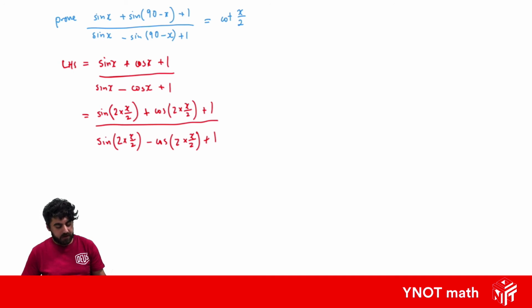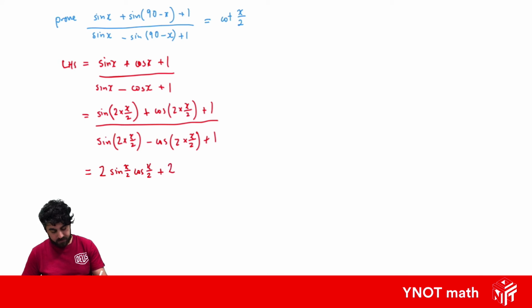And now we could actually rewrite these with double angle formulas because it's 2 times some angle. So that's what we're going to do. So we can rewrite this as 2 times sine of x over 2 cos of x over 2 plus, we have a double angle involving cos.